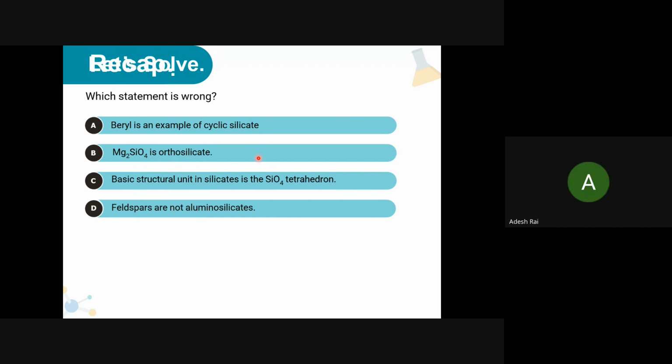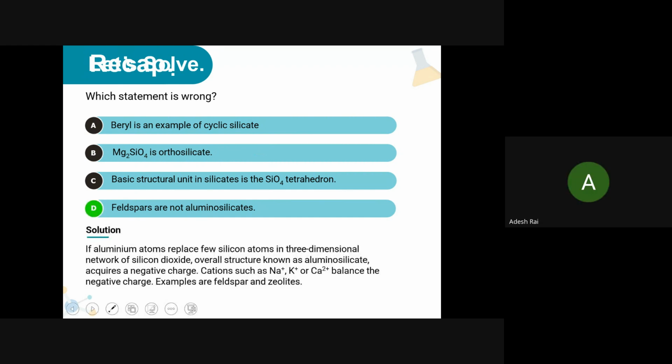Lock D. Good. If aluminum atoms replace a few silicon atoms in the three-dimensional network of silicon dioxide, the overall structure is known as aluminosilicates. Examples are feldspar and zeolite.